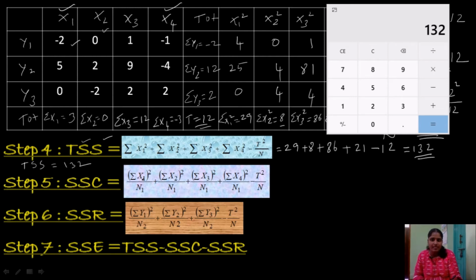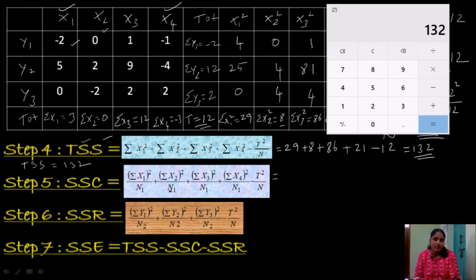And next we calculate SSC, that is sum of squares between columns. For that we make use of this formula, that is sigma x1 whole square over n1 plus sigma x2 whole square over n1 plus sigma x3 whole square over n1 plus sigma x4 whole square by n1 minus correction factor T square by n. Here n1 represents the number of elements in each column.